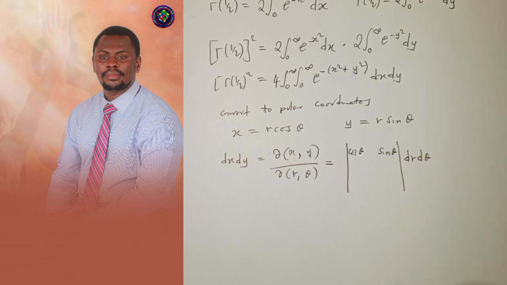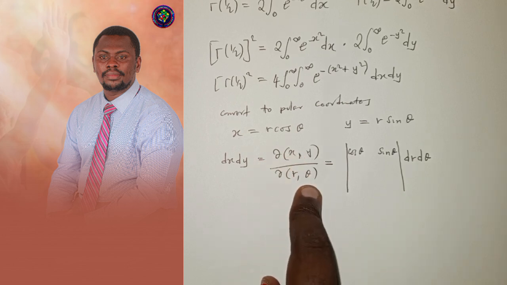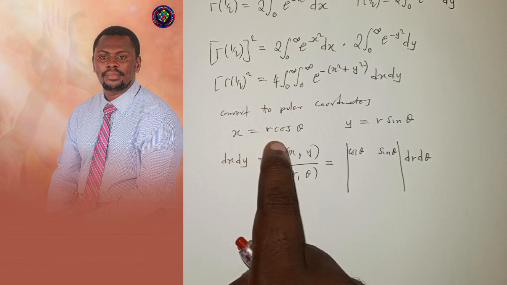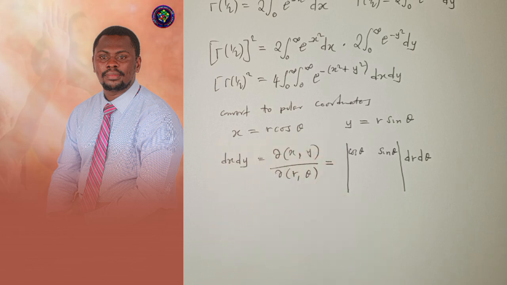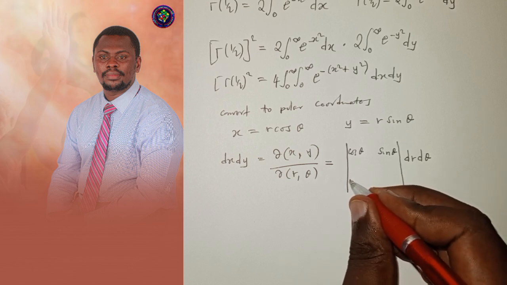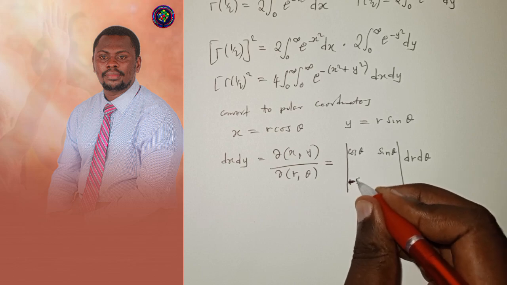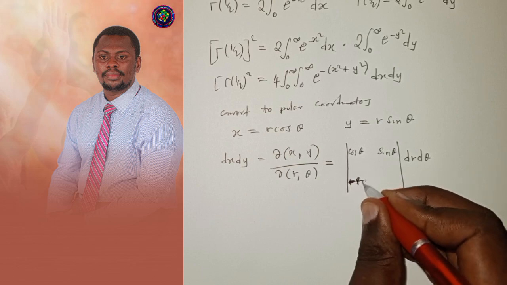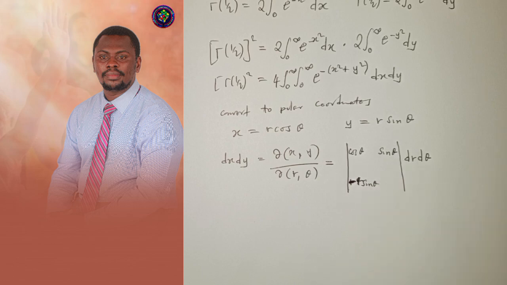Then we move on to dx d theta: the derivative of r cos theta with respect to theta will be, the derivative of cos is minus sine, so we get minus r sin theta.